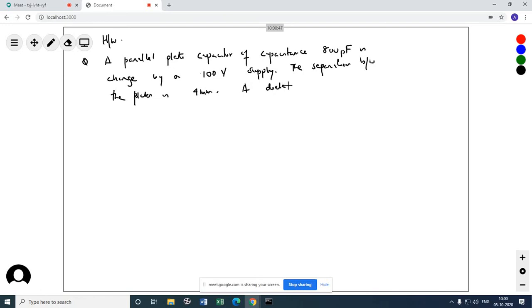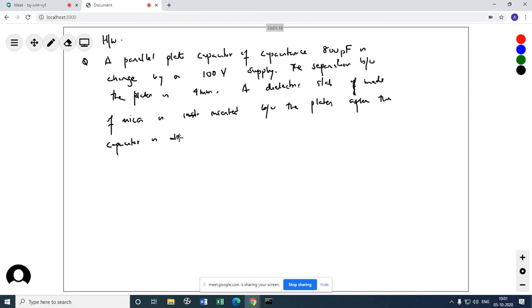A dielectric slab made of mica is inserted between the plates after the capacitor is disconnected from the voltage source.